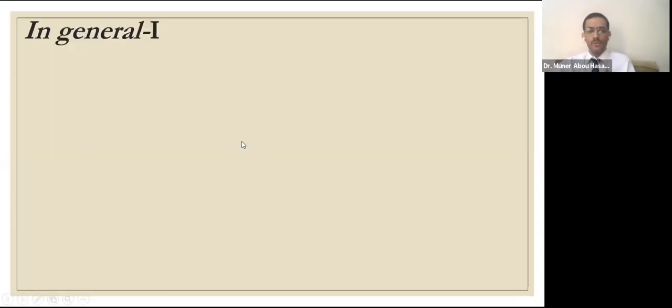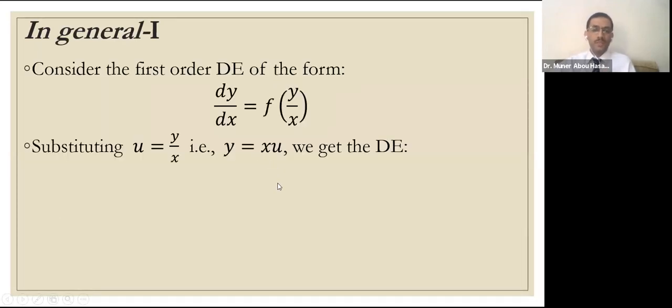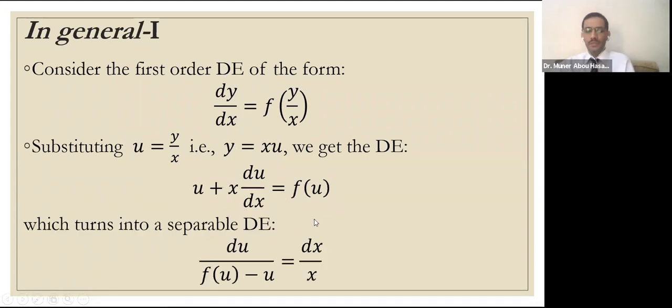Here are the steps also, but usually I prefer to write everything in detail by hand. And here is the rule. If you have a differential equation, general case number 1, where the derivative equals f of y over x, use this substitution. Then find y prime, differentiate both sides, and plug into your equation.